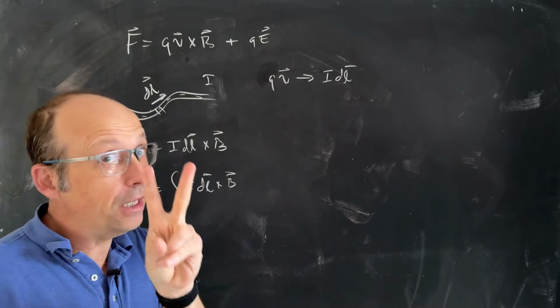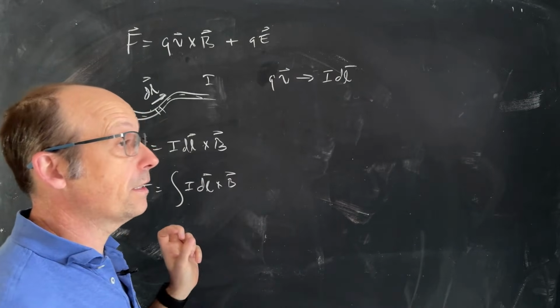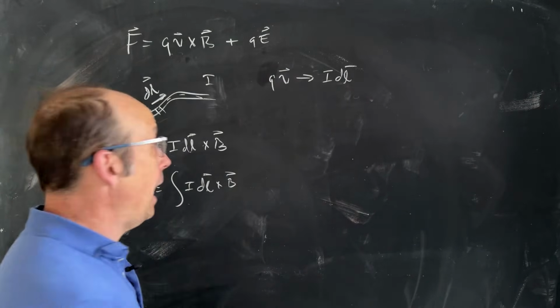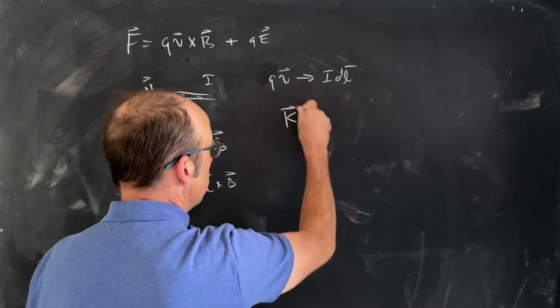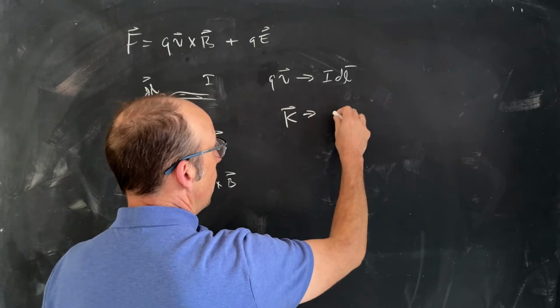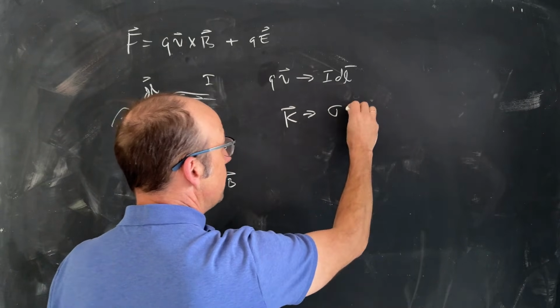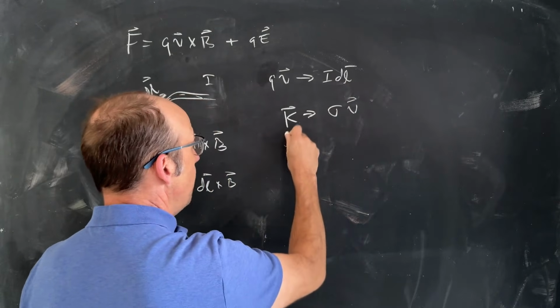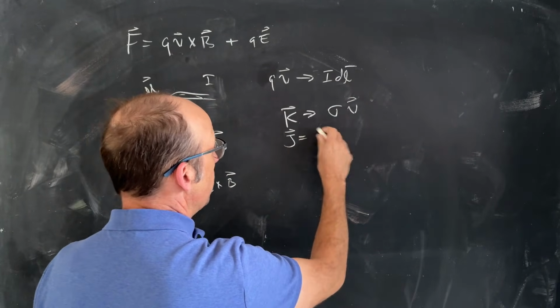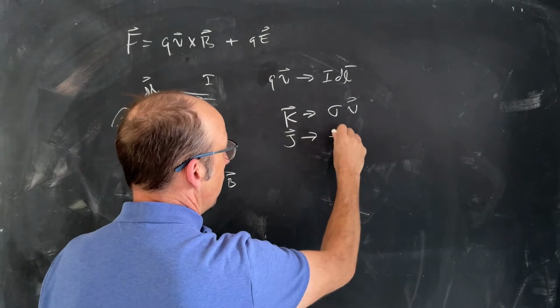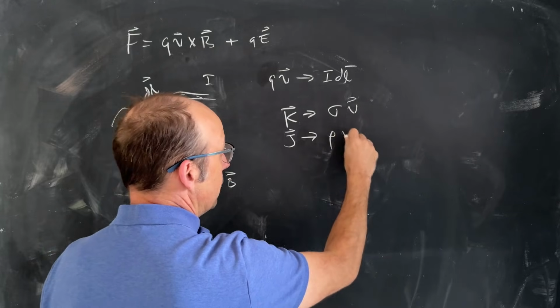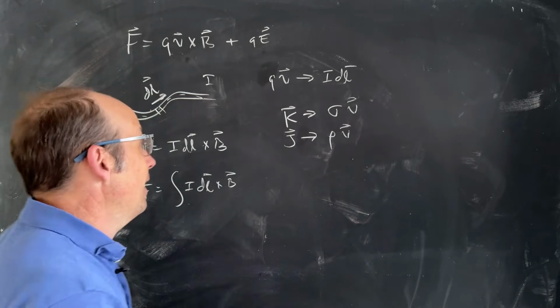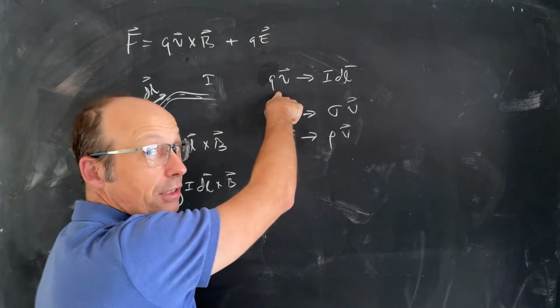two really cool things. One is surface current density, K. This is basically the surface charge density times the velocity. And then we have the current density, which is the charge volume density times the velocity. And these also are just like qv.